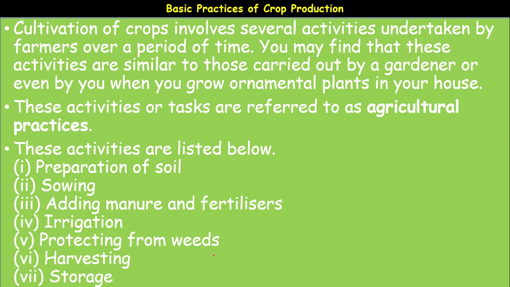Next, modern agriculture is carried out in a scientific and systematic way. It recognizes that for healthy growth and good output, the crops require oxygen, sunlight, water, mineral nutrients, protection from weeds and pests, and proper storage after harvesting.